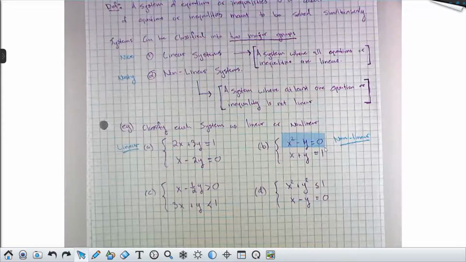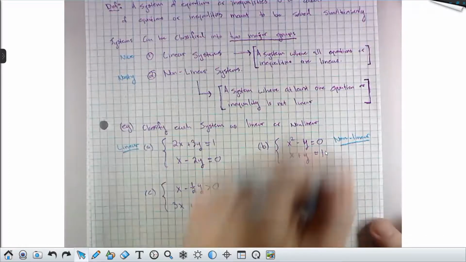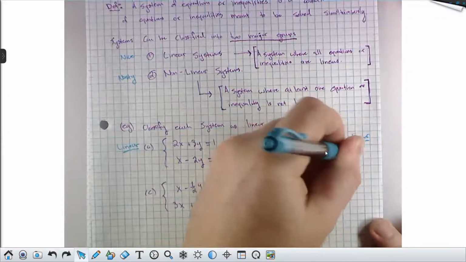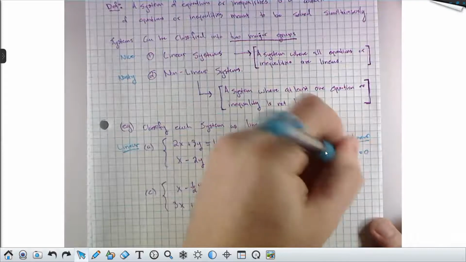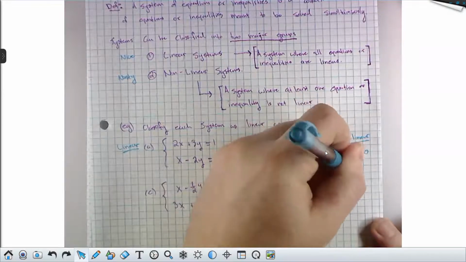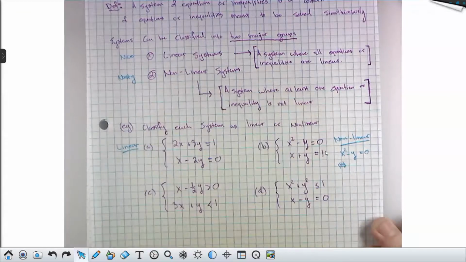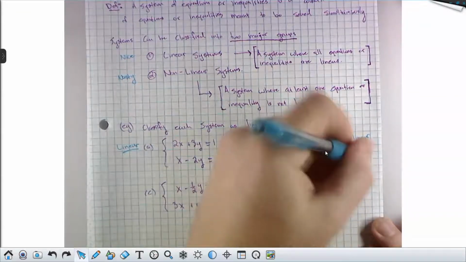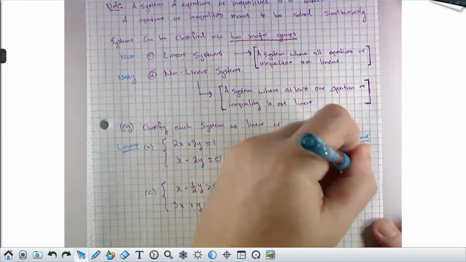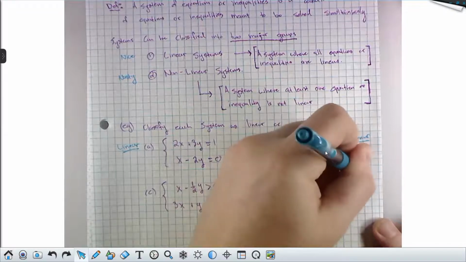What's the graph of this equation look like? x squared minus y equals 0. Is there another way to write that? Yeah, if I add y to both sides, this is the same as x squared equals y, or y equals x squared.